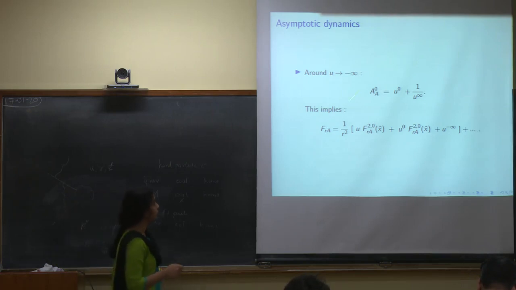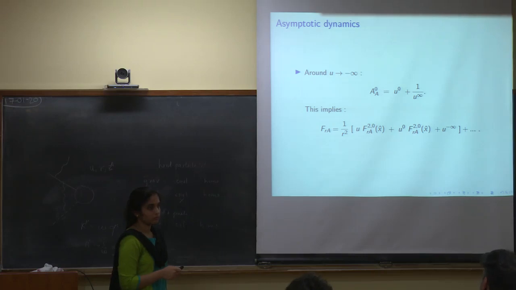I'm just trying to take a profile for the free data to fix the u behavior of F_rA^2. And with this profile, I see that the leading order term is u. So it's always u by r squared. Then if you go to the next order, leading order in what? This is around u goes to plus minus infinity.